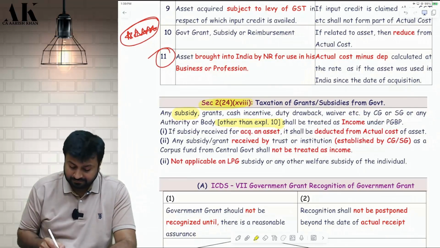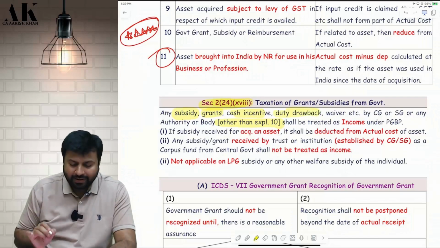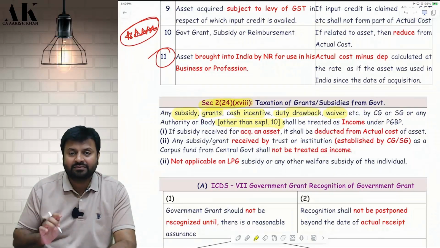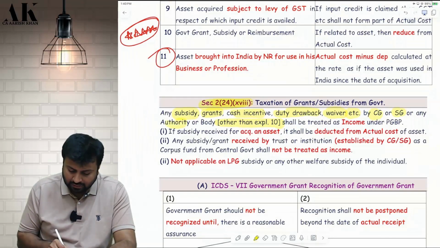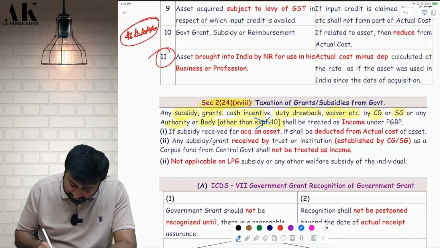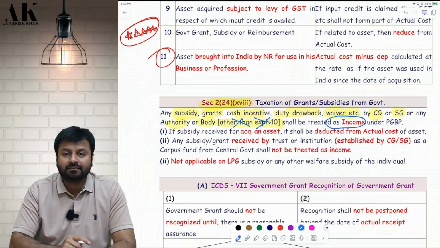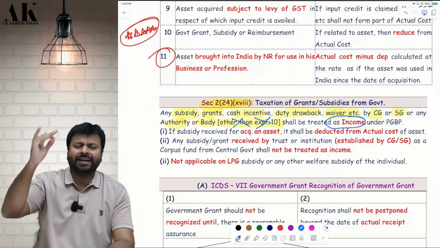Any subsidy, grant, cash incentive, duty drawback, waiver, etc. by the central government, state government, any authority, any body, other than Explanation 10, shall be treated as income.